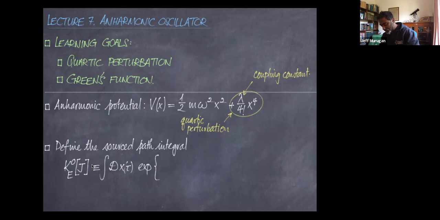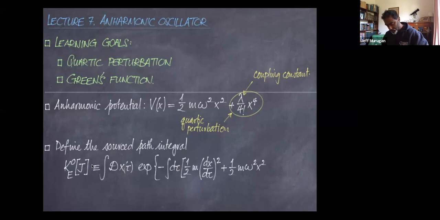So it's e to the minus the integral over Euclidean time tau of one half m (dx/d tau) squared plus one half m omega squared x squared minus J x, where J is generally going to be a function of tau, times x. And that's going to be closed there.